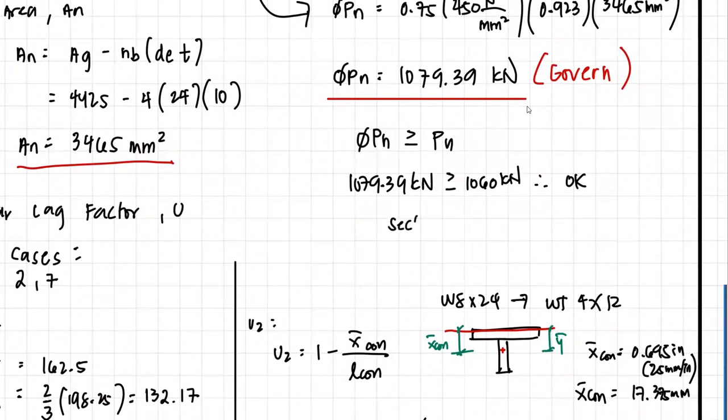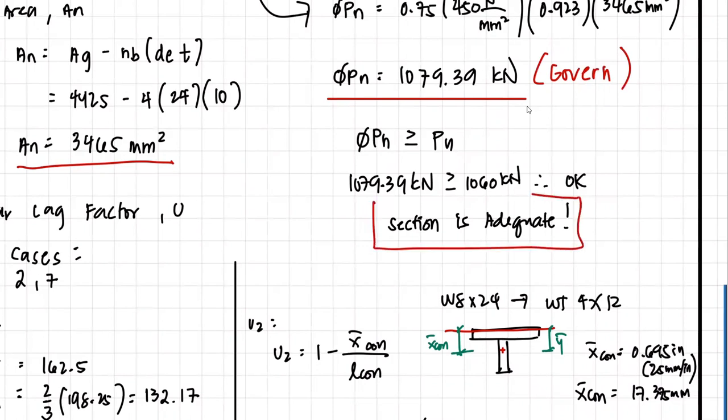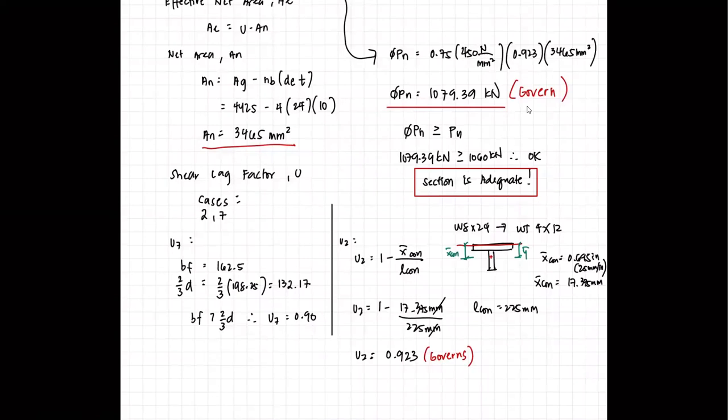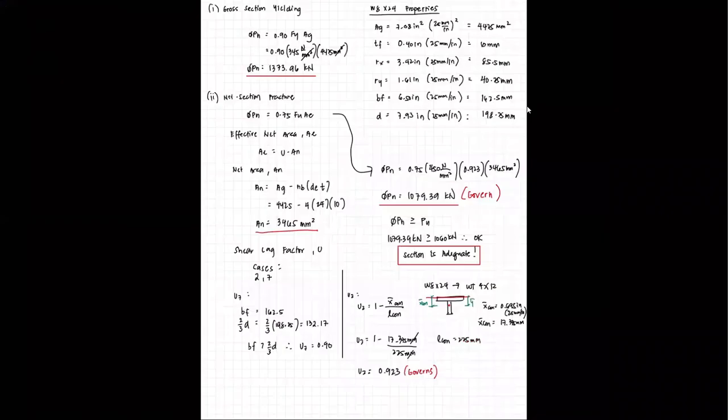The section is adequate for our limit states. It means our section can carry the given loading and can satisfy both the yielding and rupture limit states. That is the answer for the first question.